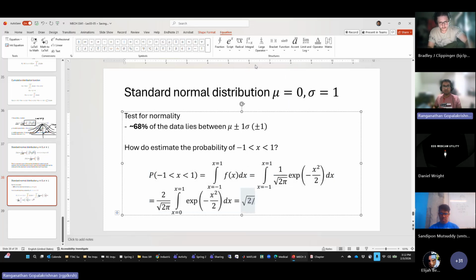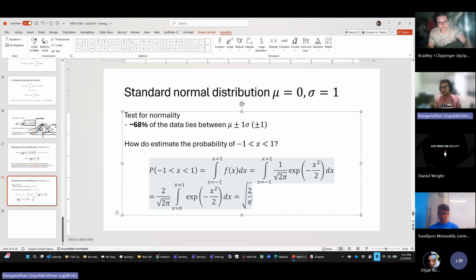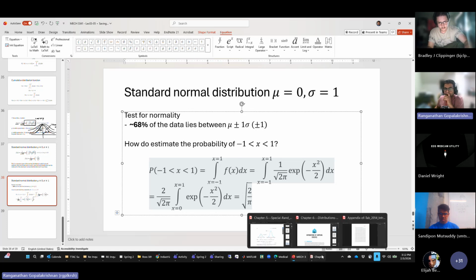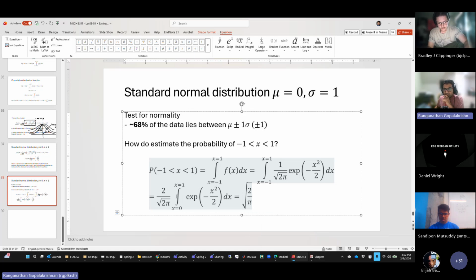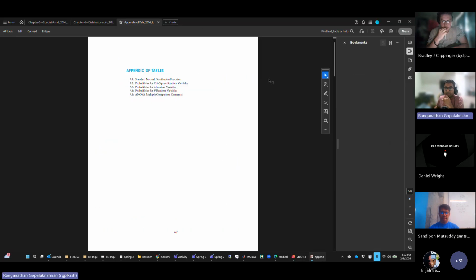Okay, good. So we don't want to do integration. It's sort of messy and it requires a lot of math, but there is a quick table, because people have numerically evaluated this integral and they have tabulated it for you. So I'm going to bring up that table. I posted this on Canvas.